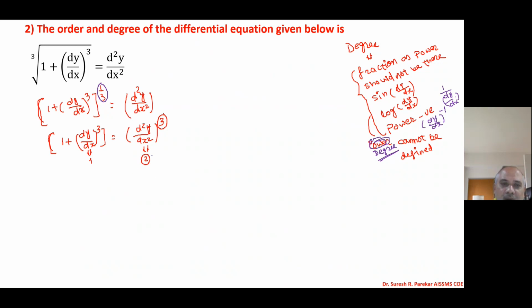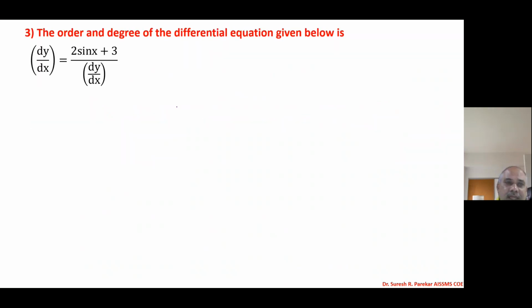So here I will say the order is 2 and the degree is 3.